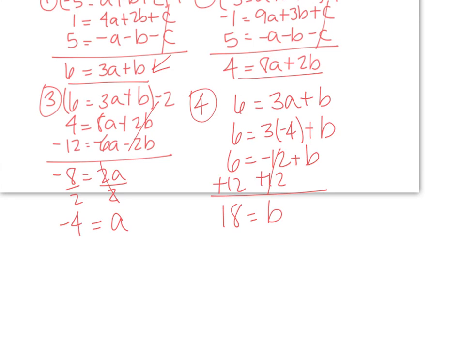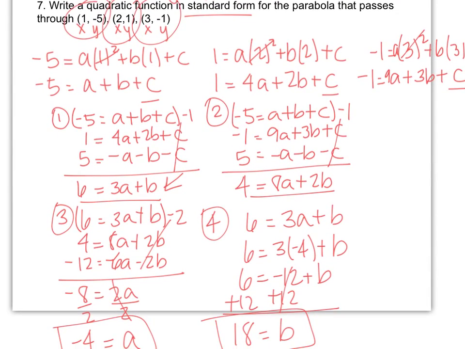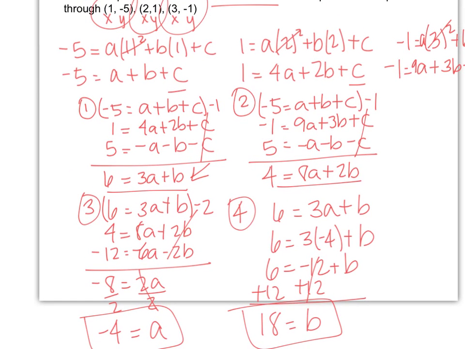Okay, so now we know a, we know b, and now we need to find c. So I'm just going to plug back into one of the originals that has an a, b, and c. It doesn't matter which one. I'm just going to choose this one right here. So -5 equals a plus b plus c.